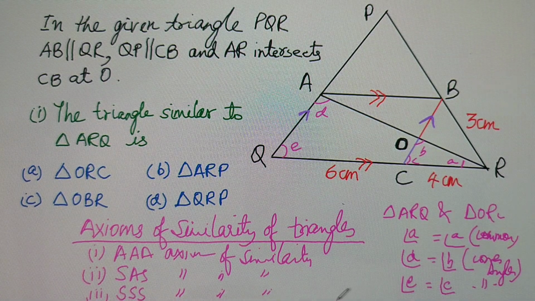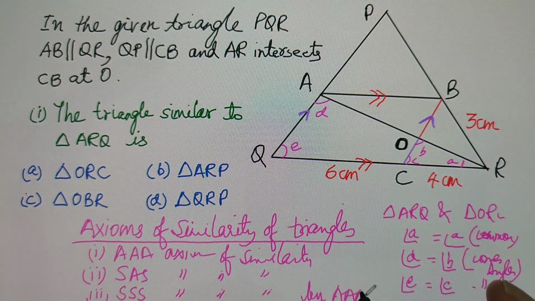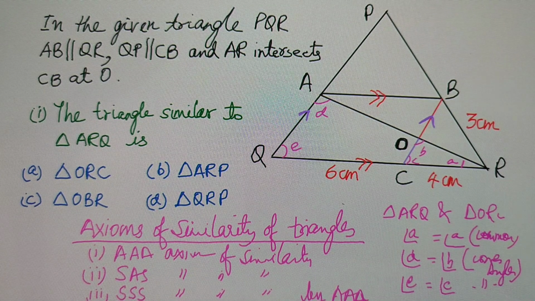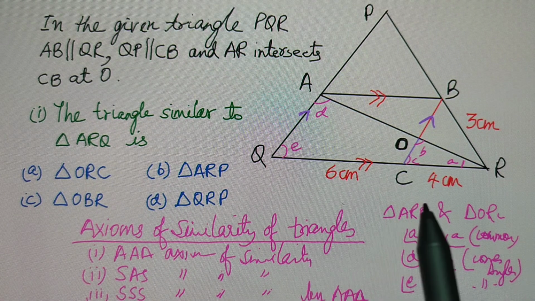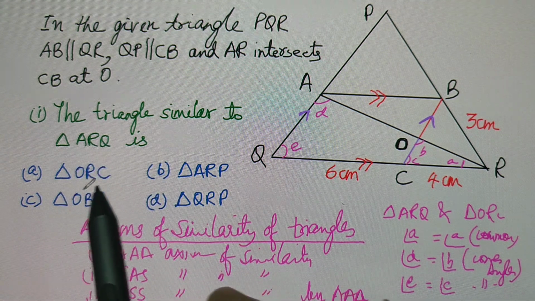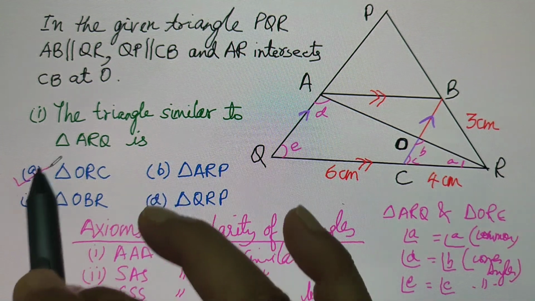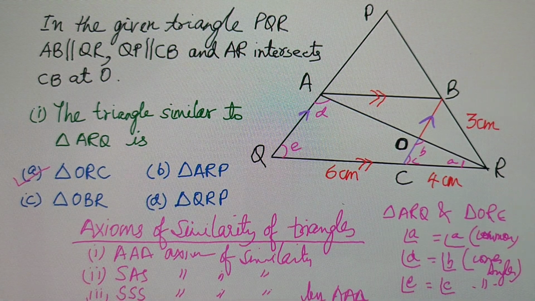So by angle axiom of similarity, the triangle ARQ is similar to triangle ORC. So the first option is the correct answer.